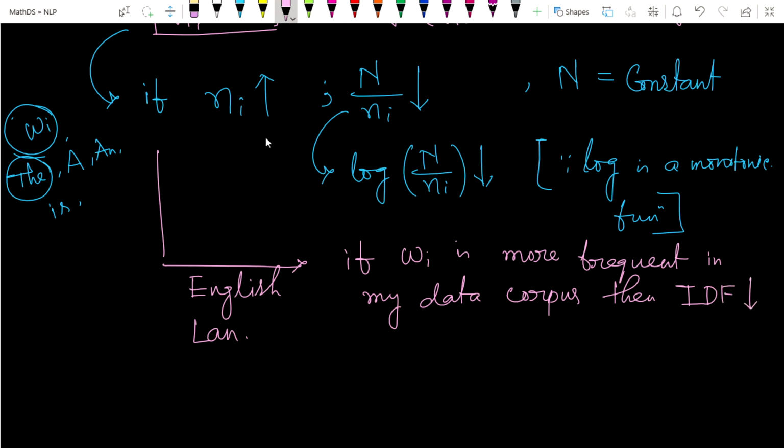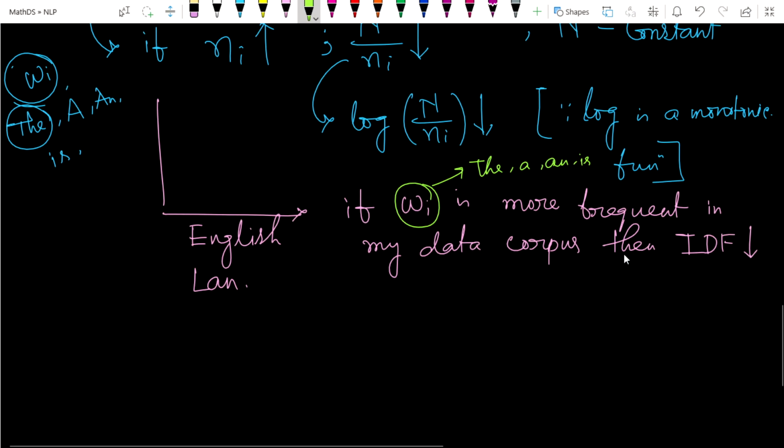That's the actual internal meaning. By more frequent words I mean words like a, each and similar ones. If wi is this kind of word, then in such situations the IDF value is decreased. So just think about it now.